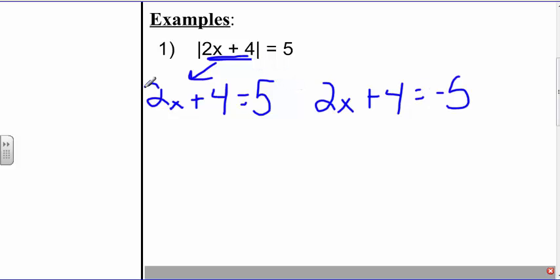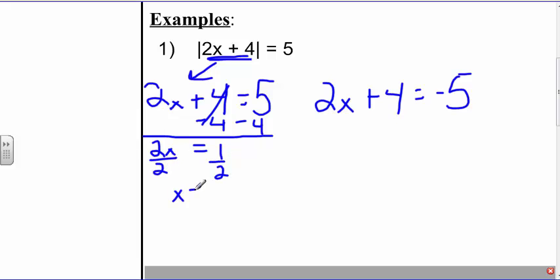Once you set up your 2 possible equations, you'll want to solve each one. The one on the left, minus 4 on both sides of the equal sign. Get 2x equals 5 minus 4 is 1. And you divide both sides by 2. x equals 1/2.